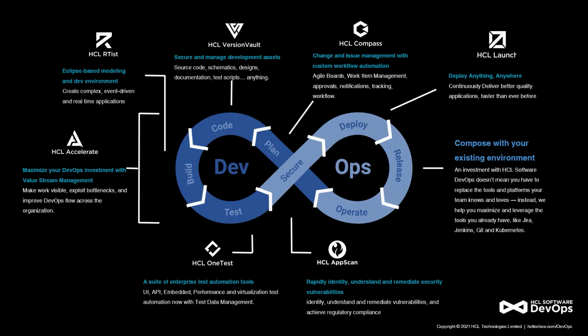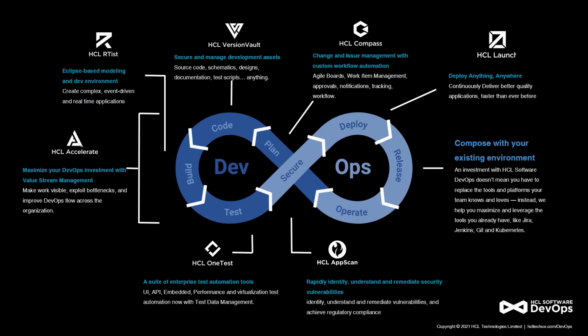It's really about the ability to see your DevOps lifecycle, see if there are bottlenecks, and understand which part of your DevOps is facing issues. Having that visibility across different components is really what HCL Accelerate brings to the table.